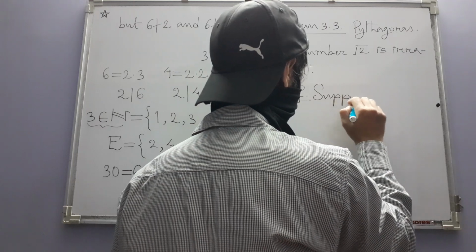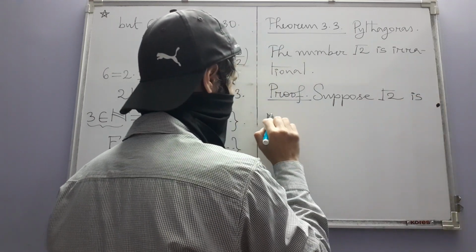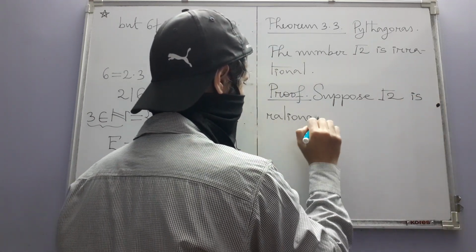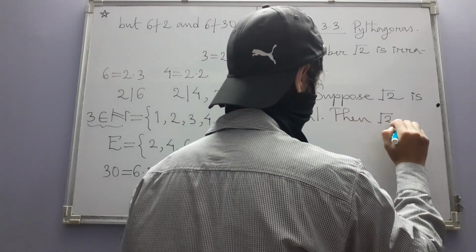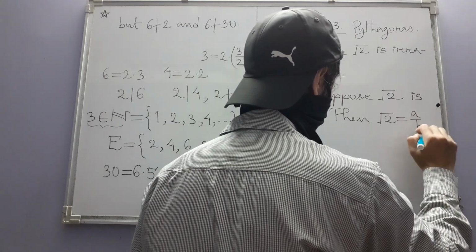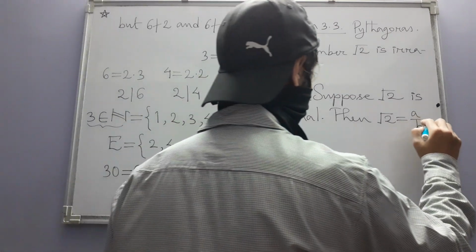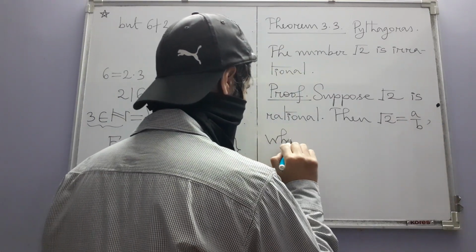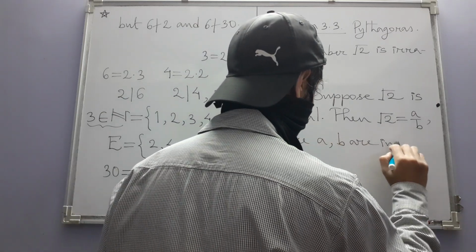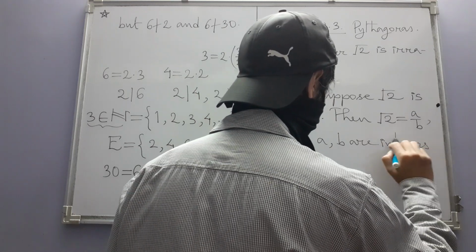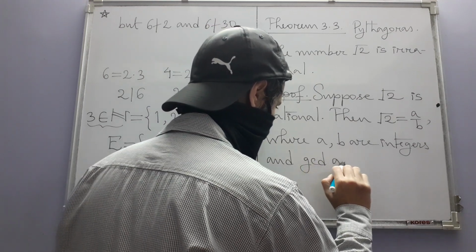Suppose this is rational, then by the definition of rational numbers, it can be written as a ratio of two integers, a over b, where a and b are integers and they are relatively prime.